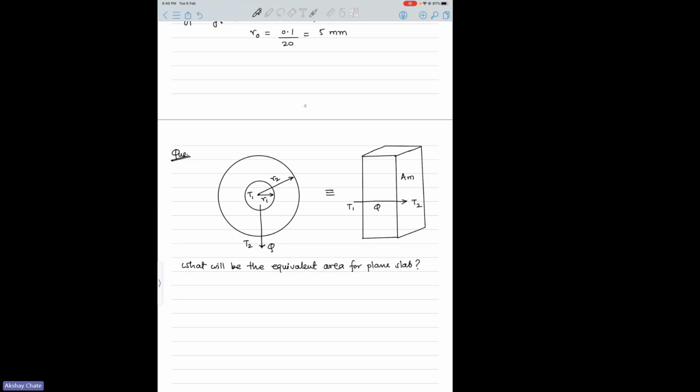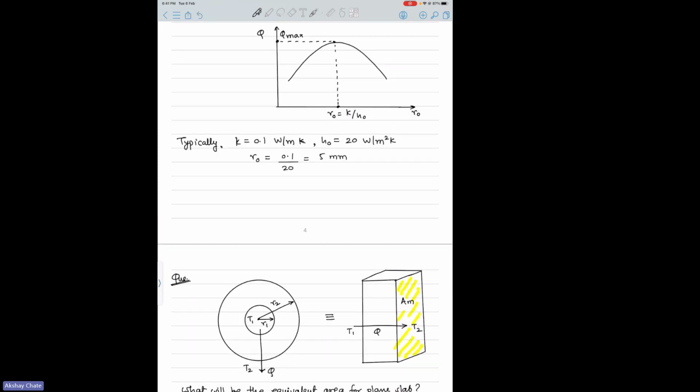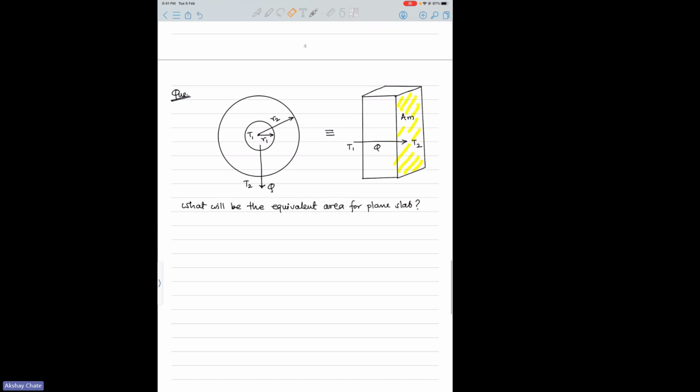They are asking about the area which is perpendicular to the direction of heat flow. Before I forget, note, we'll talk about this in the next section. So before that, we'll finish this.